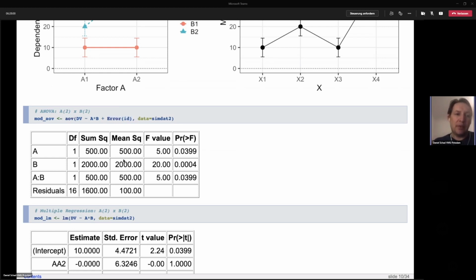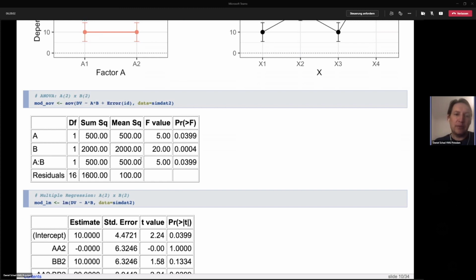And this is the result from the ANOVA analysis. We have an F value of 5 for the interaction, p value of 0.0399. Factor B is highly significant, p value 0.0004, F value of 20. And factor A is just significant, 0.0399, with an F value of 5.